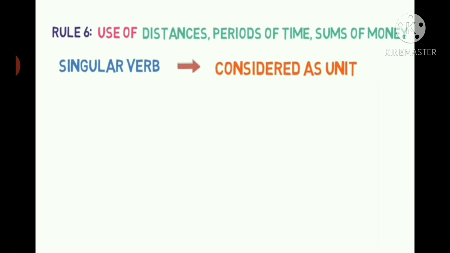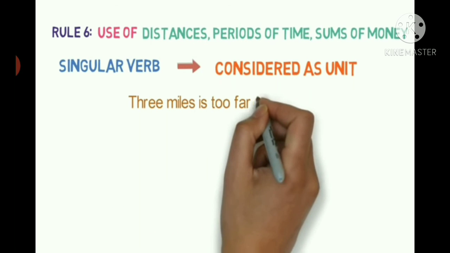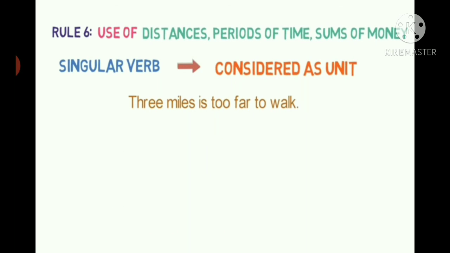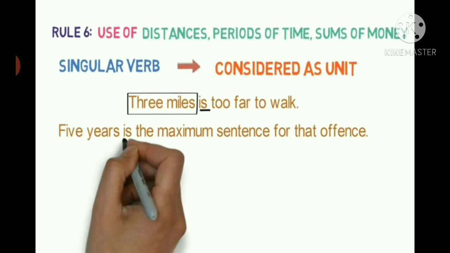Okay, so singular verb is used when it is considered as a unit, not units. Example, 3 miles is too far to walk. Now over here, 3 miles distance, it is considered as a unit. That is why we are going to use is.